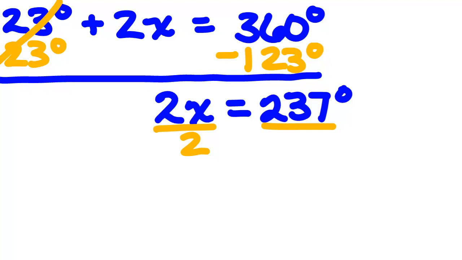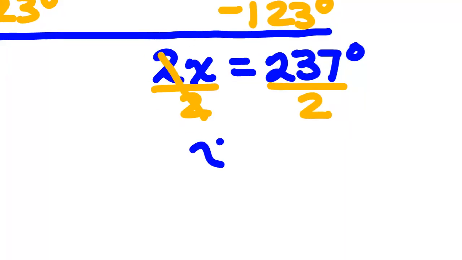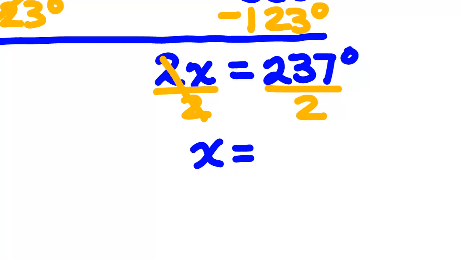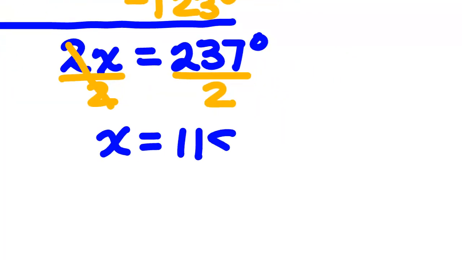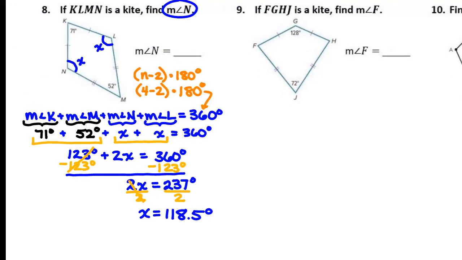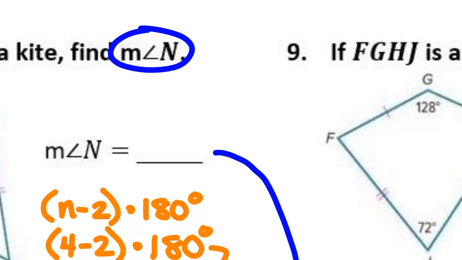Divide both sides by 2. And so x would come out to be how much? 118.5 degrees. We had x representing the measurement of angle N, so that means that angle N is 118.5 degrees.